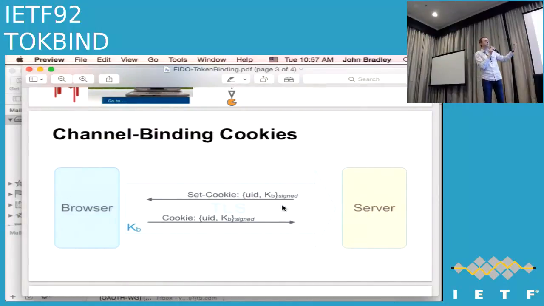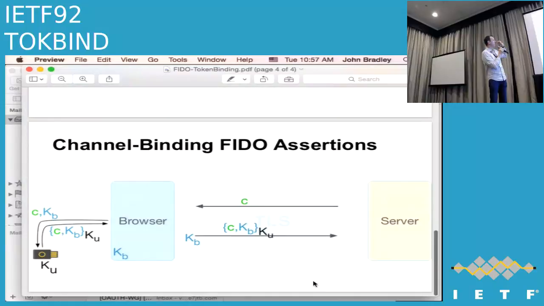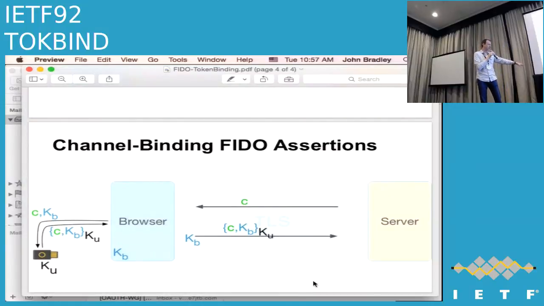Next slide. So in FIDO, what happens is that there's this thing called, that Jeff just explained, as the authenticator, which is shown as a USB token here, because at Google they tend to be USB tokens, but they don't have to be. It can be something that's built into your client device, maybe with a biometric fingerprint reader. But the abstract generalization of it is we call it authenticator. At login time, it's supposed to just sign a challenge.